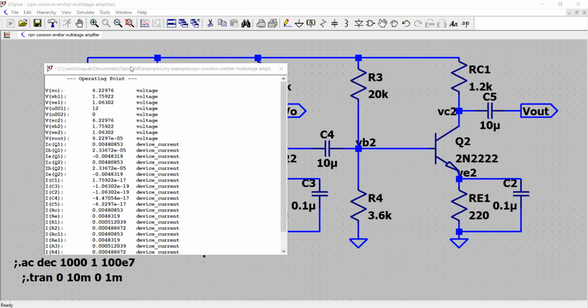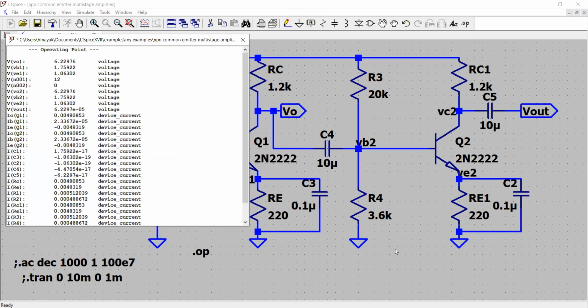So I have rerun the analysis by doing some labeling function here. What I have done is that I have labeled the nets at the collector. I said this node is my VC2, that is the voltage at the collector 2, transistor 2. This node is the VB2, that is the voltage at the base of transistor 2.